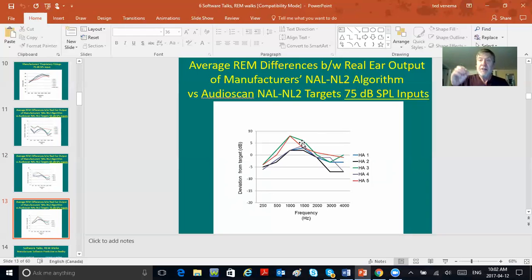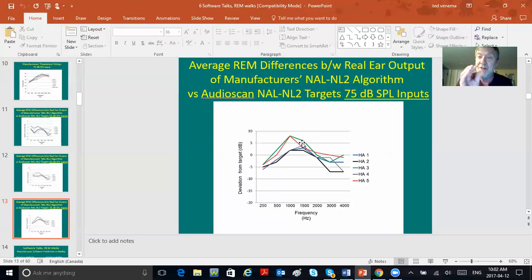Linear means, let's say the hearing aid's giving 50 dB of gain, it's giving 50 dB of gain to a whisper, 50 dB of gain to average speech, and 50 dB of gain to loud speech. And we all know that compression does not do that. Compression, especially WDRC, gives lots of gain for soft inputs, less gain for average inputs, and less gain still for loud inputs.